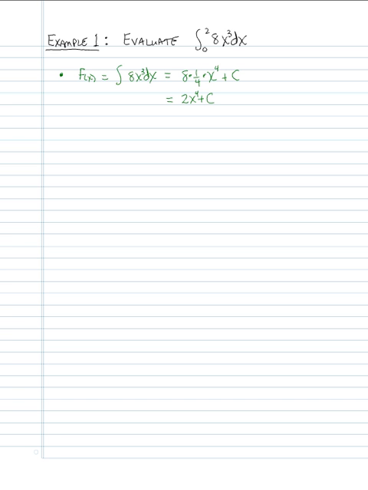Okay, now here's the way the definite integral goes, now that we know that. The definite integral from 0 to 2 of 8x cubed with respect to x is this function. I'm going to put it in big brackets here. It's this function 2x to the 4th plus c evaluated from 0 to 2.